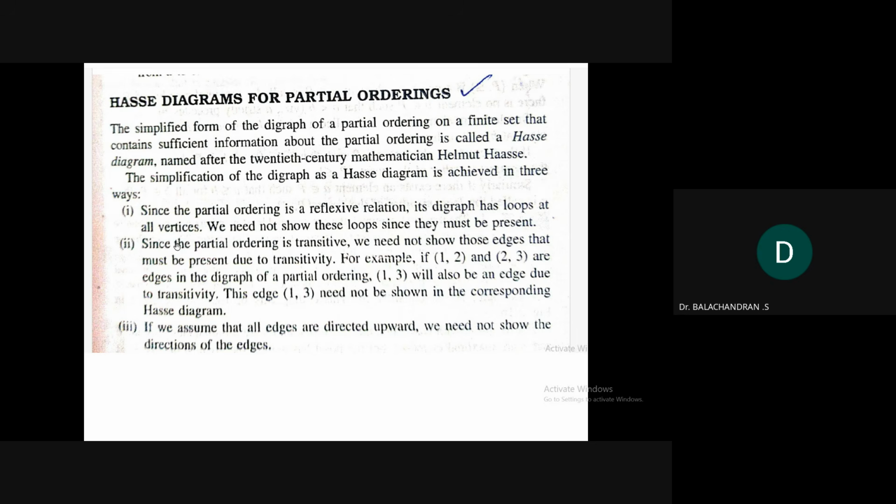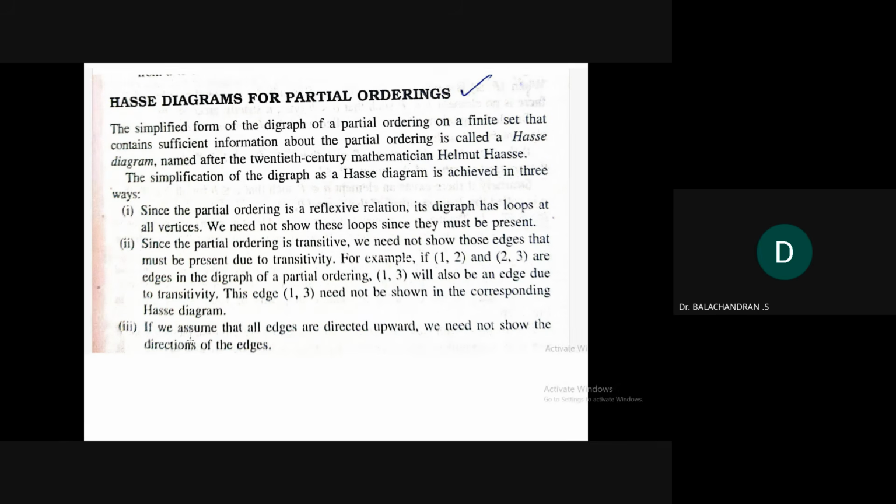Since the partial ordering is transitive, we need not show those edges that must be present due to transitivity. For example, if (1,2) and (2,3) are edges in a diagram of a partial ordering, (1,3) will also be an edge due to transitivity. So the edge (1,3) need not be shown in the corresponding Hasse diagram.